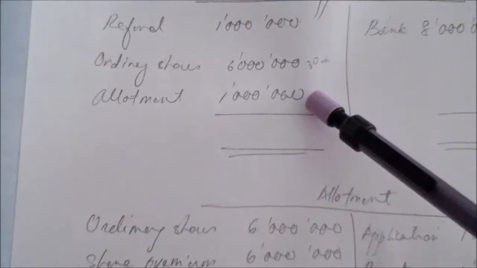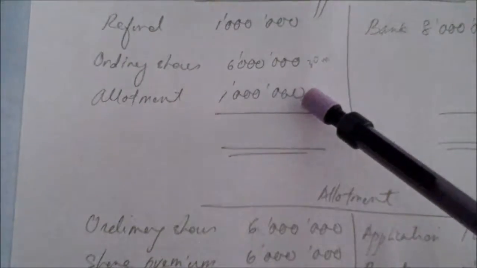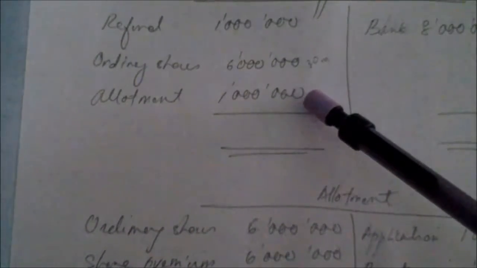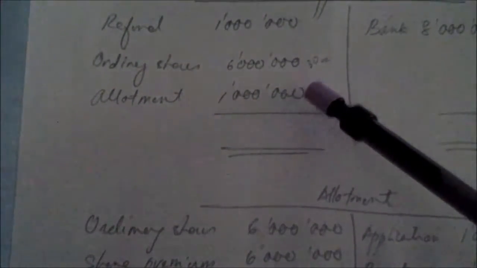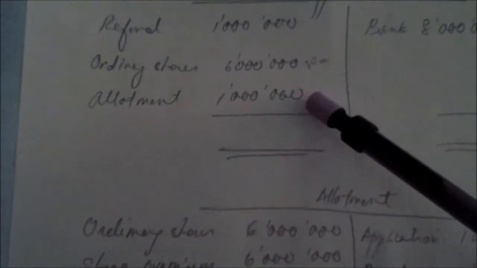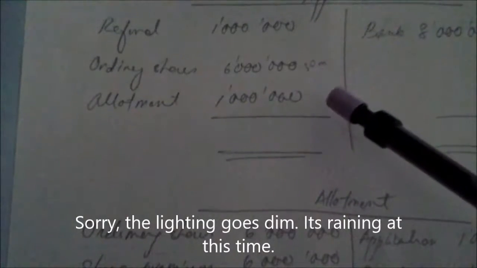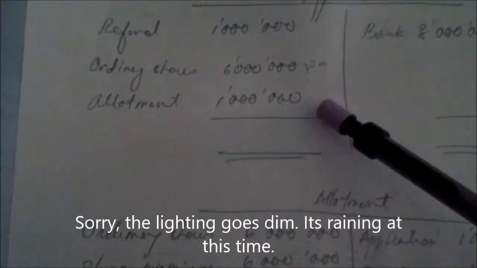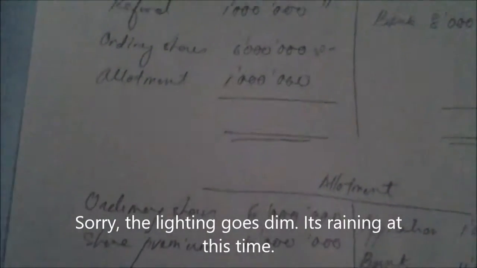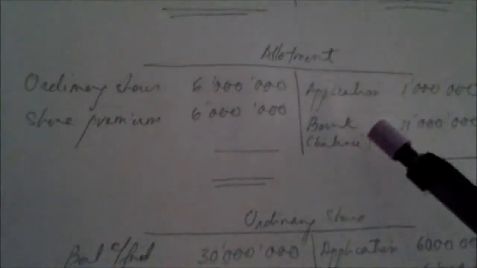Remember, this 1 million is the amount that will be used to pay on allotment. Instead of refunding the money to them, we say we'll use this money to help you make the payment on allotment, so you only pay the balance. So this amount will be transferred to the allotment account.